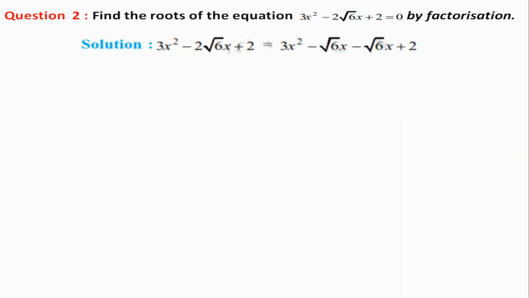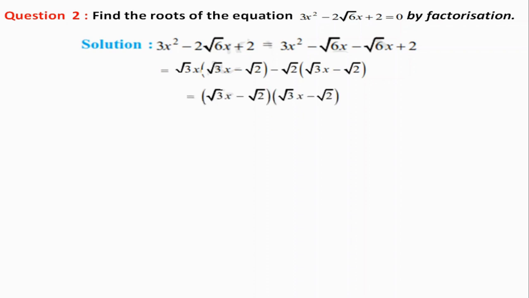Already this problem was discussed in the previous lecture given by madam. So you see how to factorize it. They divided the middle term minus 2 root 6x in the form of minus root 6x minus root 6x, and later on they do the process. I am not discussing more here, because it was already discussed by madam.